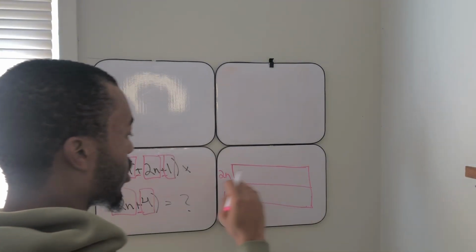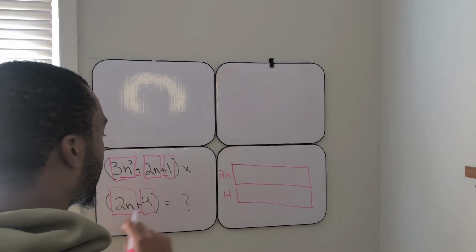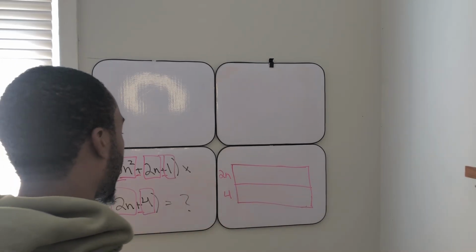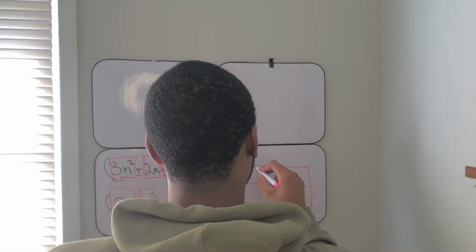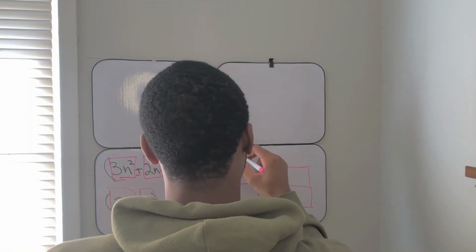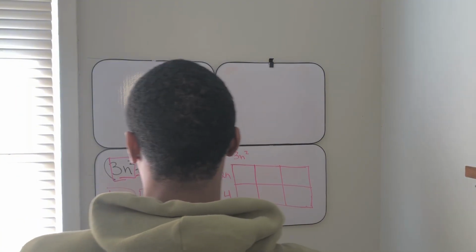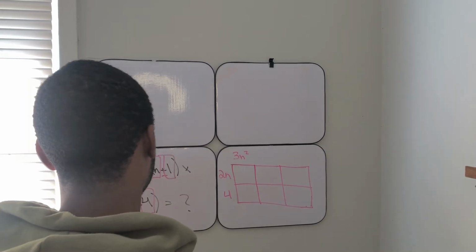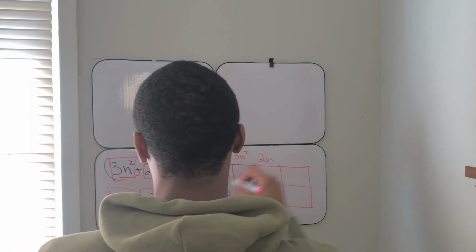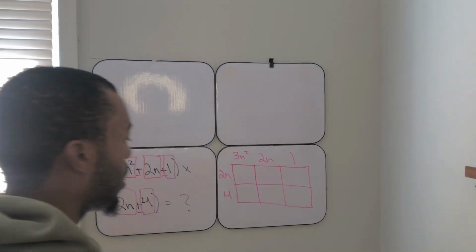Everything across this line is going to get multiplied by 2n right here, and then 4 right here. I'm going to make this one for 3n squared, and then another 2n right there, and then a positive 1.